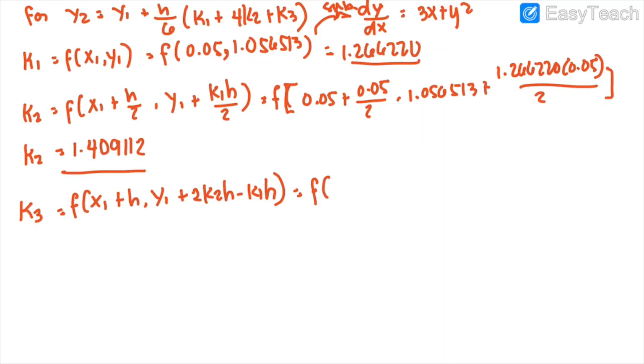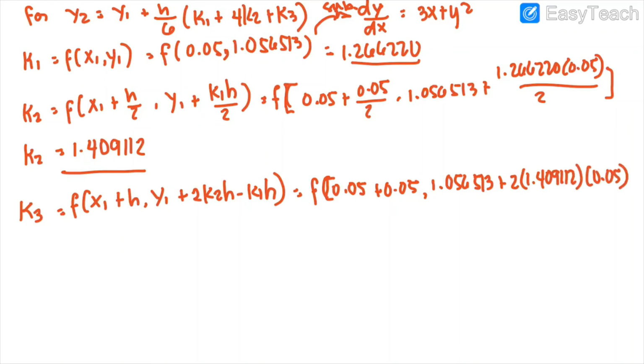f of x1 plus h, 0.05 plus 0.05 and 1.056513 plus 2k2, 2 times 1.409112 times h of 0.05 minus k1 of 1.266220 times h of 0.05.